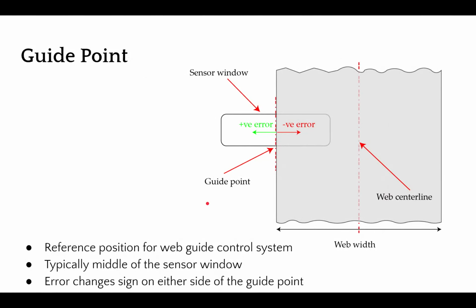Now, one of the things that comes with a wide sensor is what is called a guide point. So here we have the sensor window, and this might have a sensor range from maybe 2 inches to maybe 37 inches.